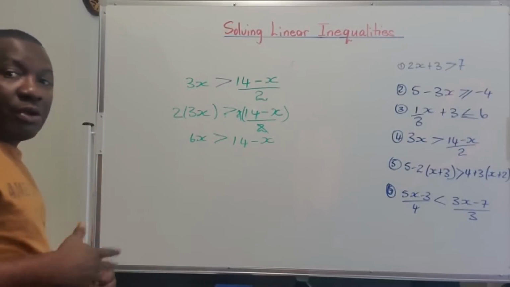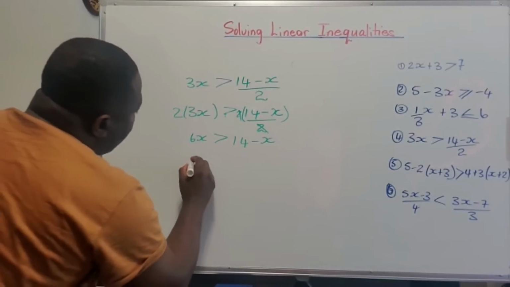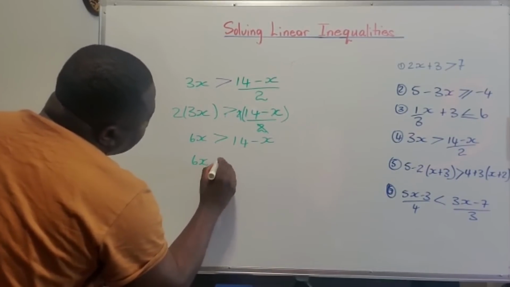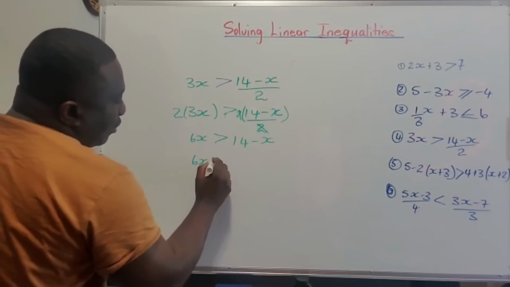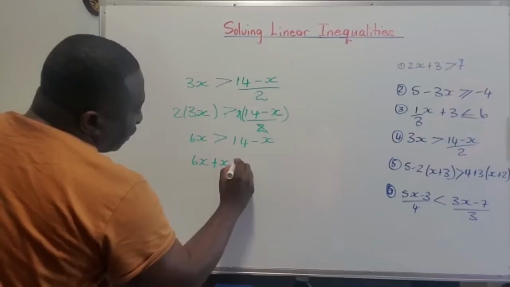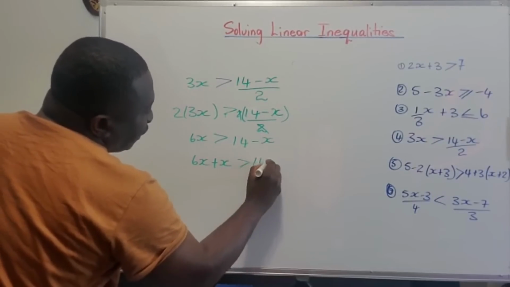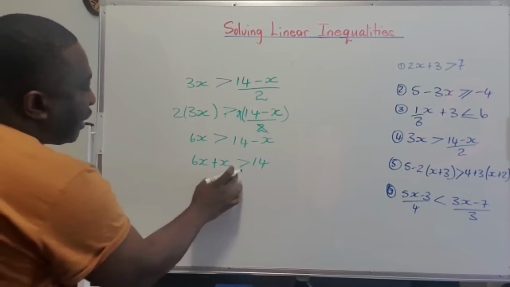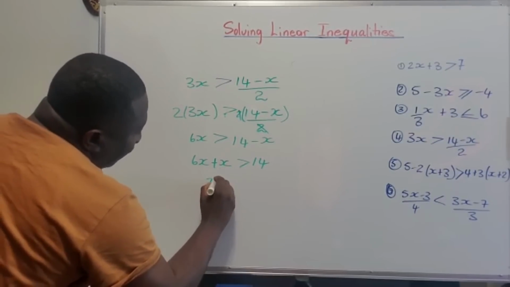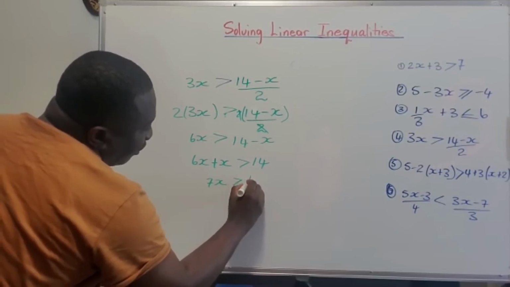Hence, we are going to be grouping. Therefore, this will be 6x, bring over, plus x, greater than 14. In this case, we are left with 7x greater than 14.